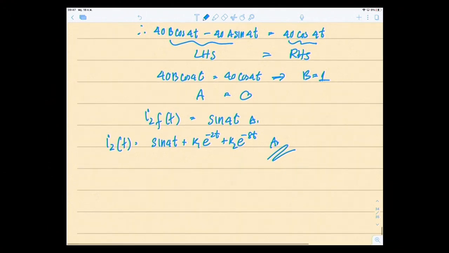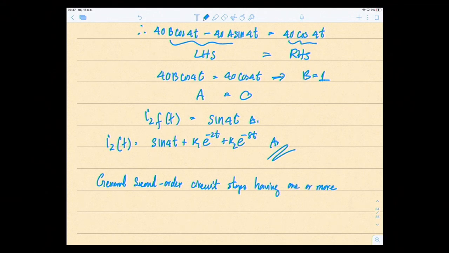So I'm going to write down the general second order circuit steps, having one or more independent sources with constant values. It's like we have DC.